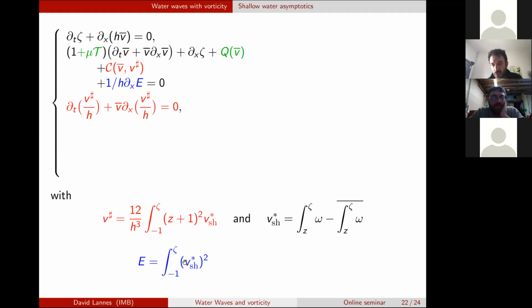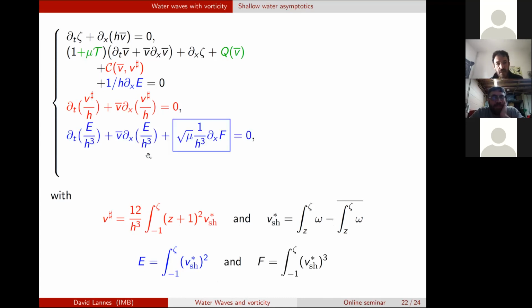We don't want to compute this shear velocity, and we don't want to compute omega. So we look for an equation on E. And this is where we will find our cascade of equations. We find an equation on E, which is a transport equation on E over H3. But you have coupling with another tensor, a higher order tensor, which is F, which is now the third order tensor. And it's the same.